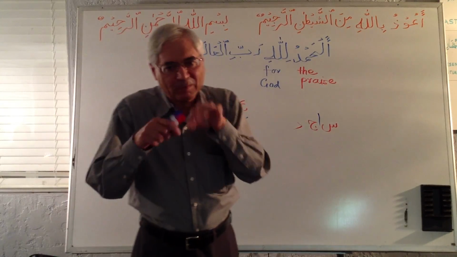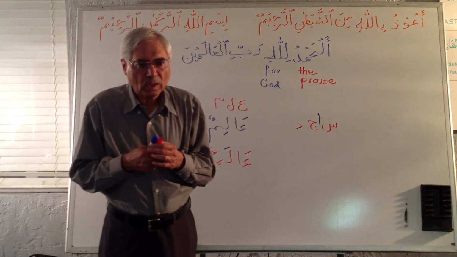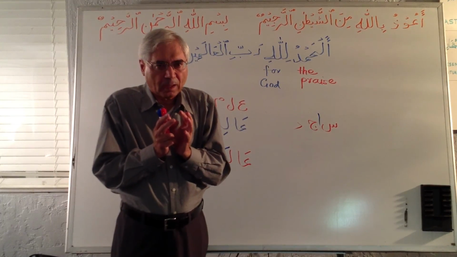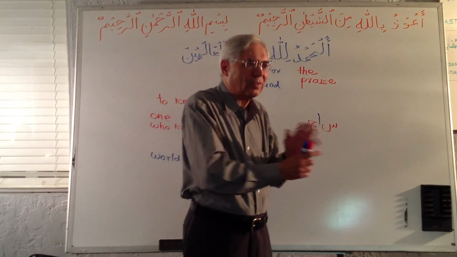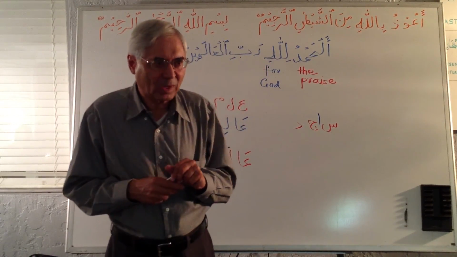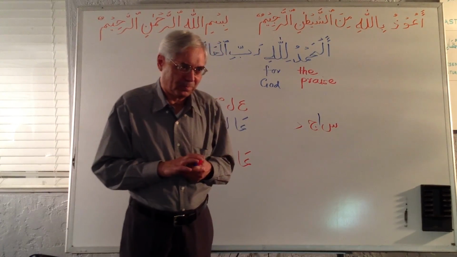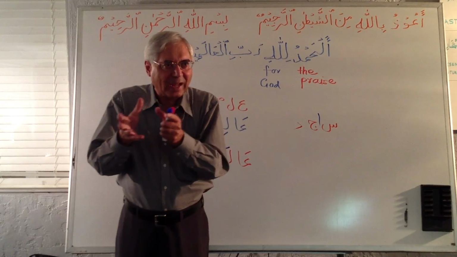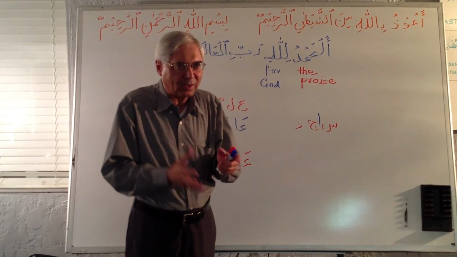But there is another rule of Arabic: if you have a noun and a sifat of that noun, sifat means adjective, quality. For example, you say, the boy is beautiful. The beautiful is the adjective of the boy, right? The sifat of the boy, the quality of the boy.